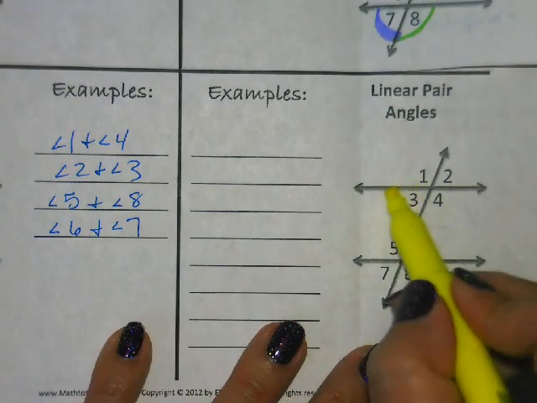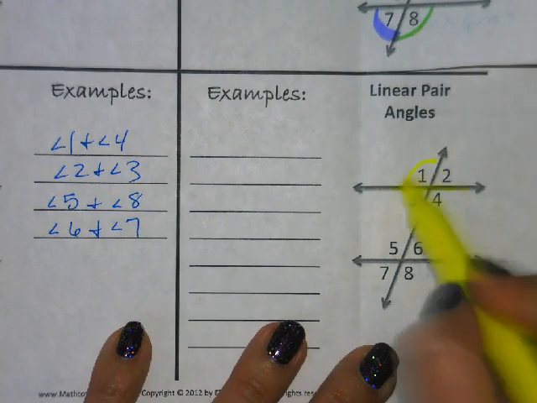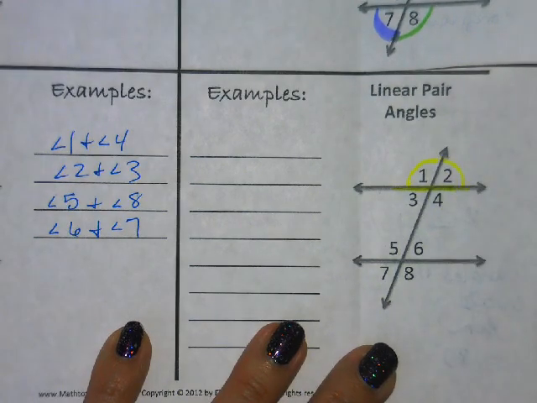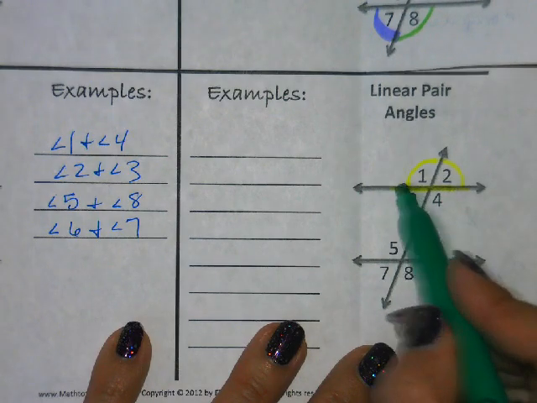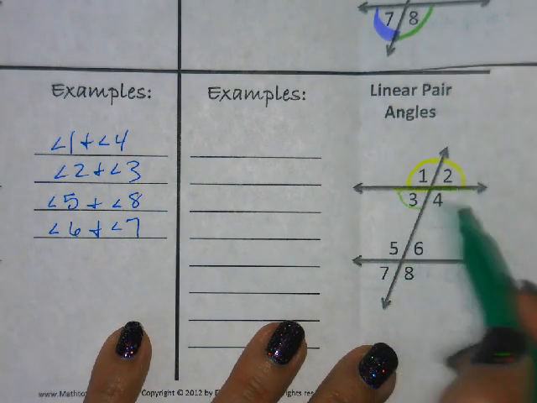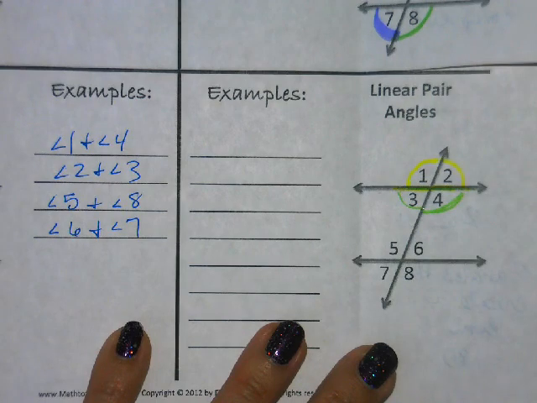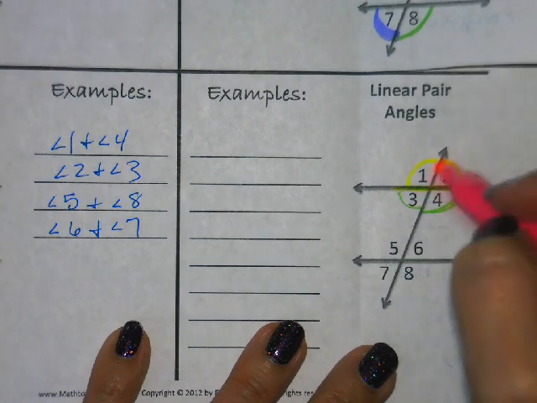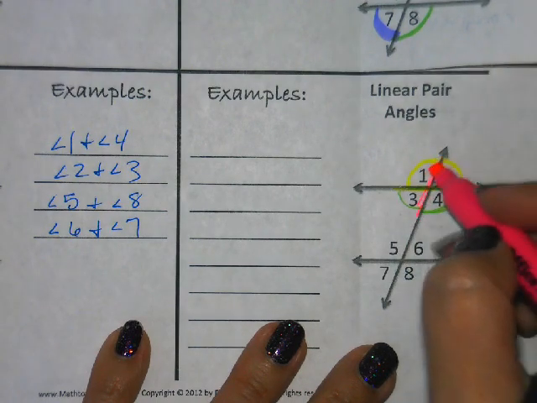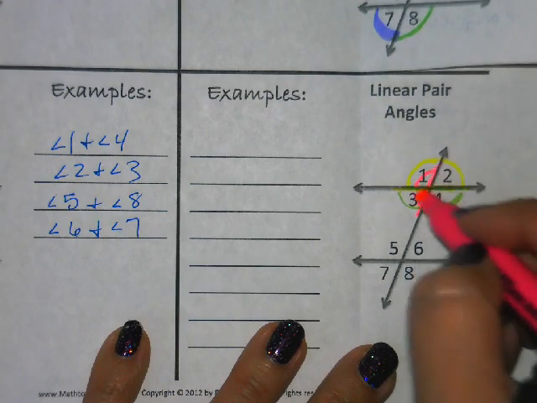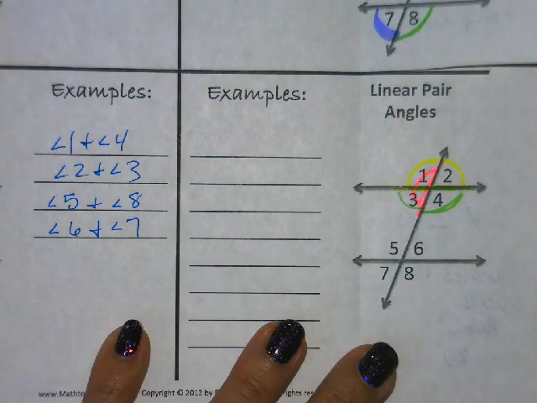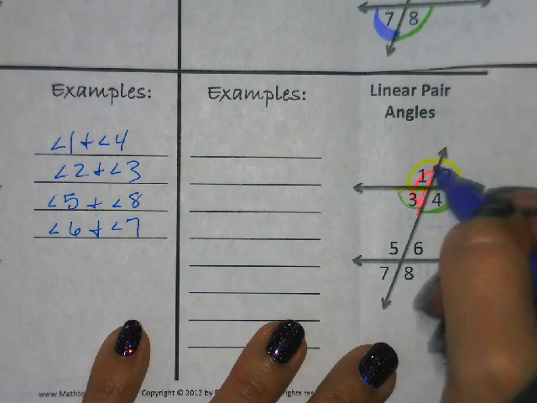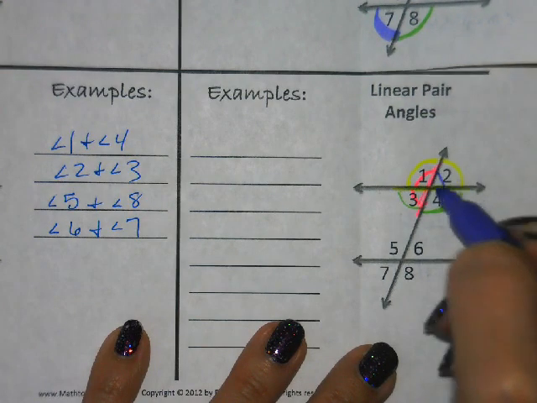So I have a straight line here. So I can say 1 and 2. I also have on the bottom here, I have a straight line. I can say 3 and 4. I also have a straight line here, so I can say 1 and 3 also. On the other side of this straight line, I can say 2 and 4.